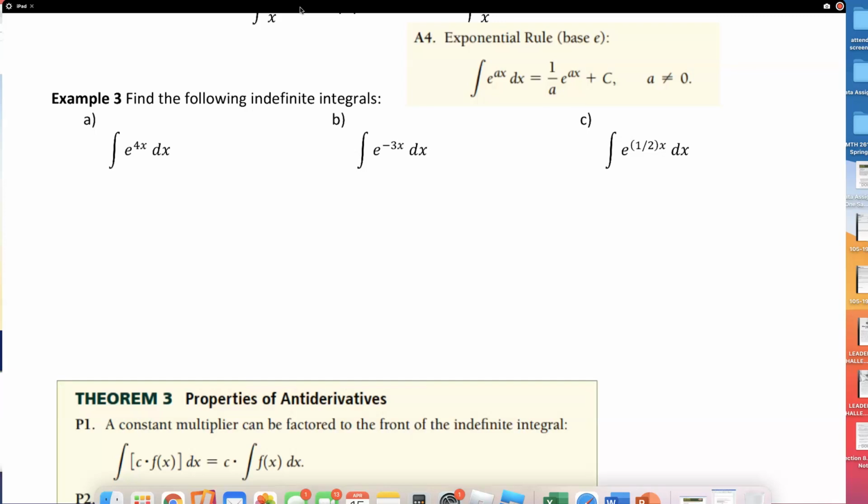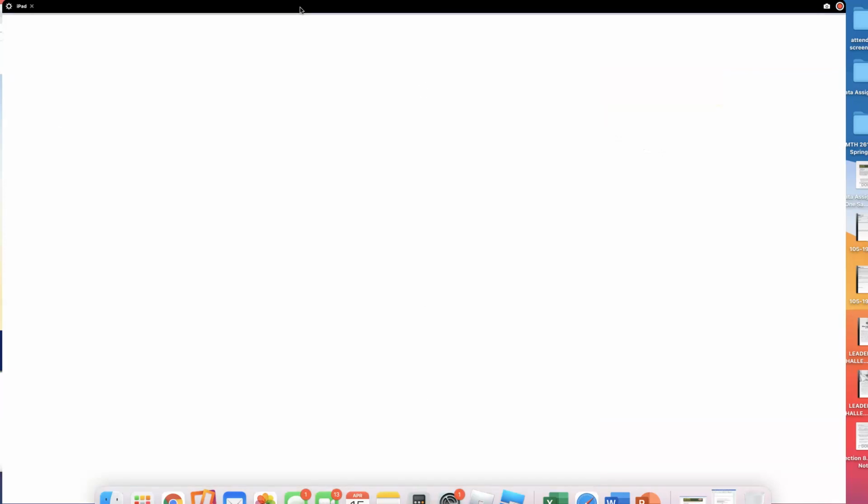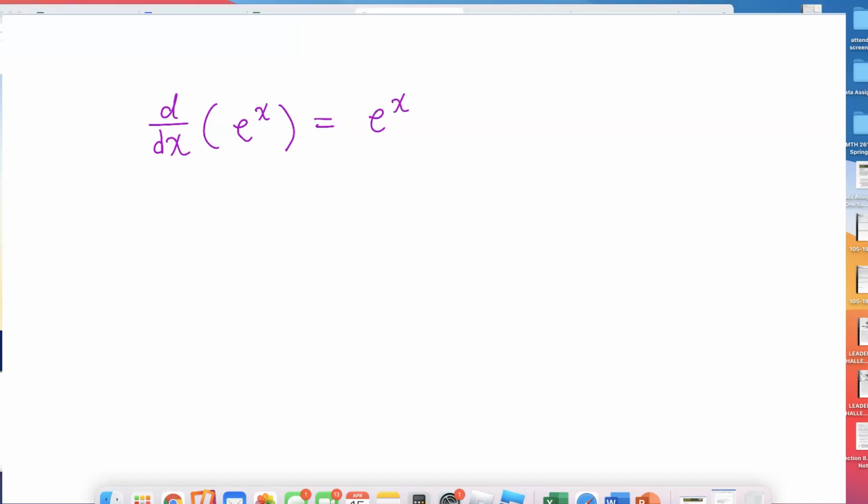What you know already is, if I ask you to take the derivative of e to the x, we know that is e to the x, right? But if I ask you to take the derivative of e to the 5x, what's that going to be?